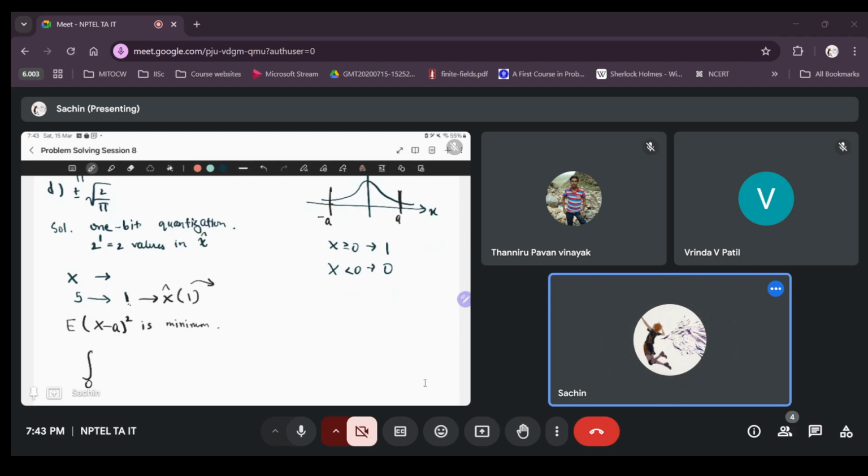If you're reconstructing to a, then the number is a positive number. So the expected value of x minus a whole square is the integral of x minus a whole square divided by square root of 2 pi, e power minus x square by 2 dx.